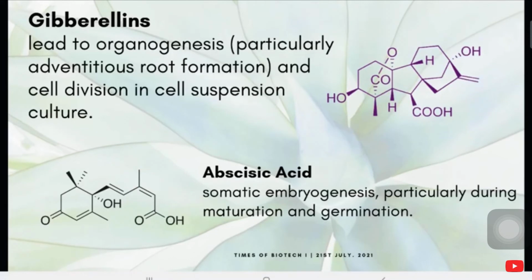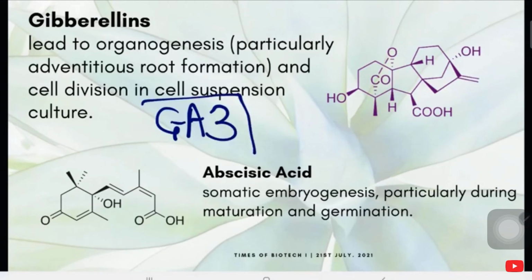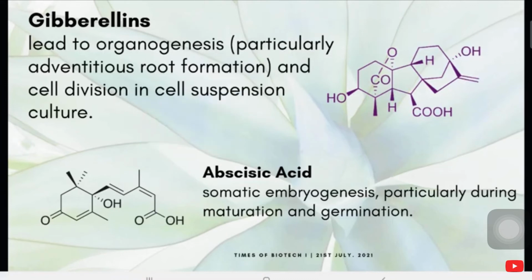For example, one of those is GA3, which is widely utilized for plant tissue culture. Talking about abscisic acid, it is utilized for somatic embryogenesis, particularly during maturation and germination.